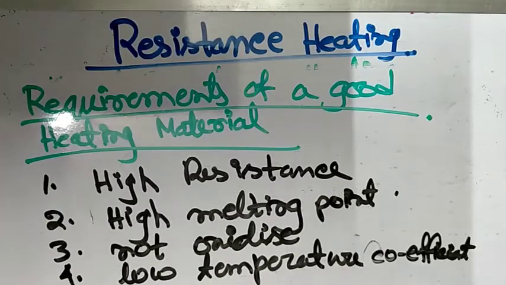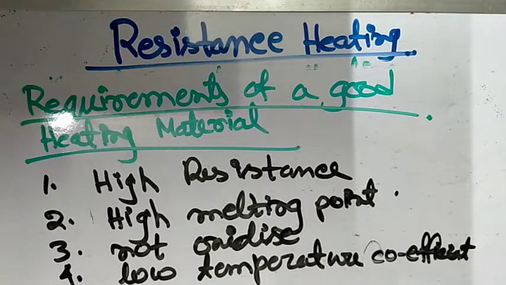Now nickel copper alloy is frequently used for heating elements operating at low temperatures. Its most important property is that it has virtually zero resistance temperature coefficient, and nickel chromium iron alloy is cheapest and most economical for temperatures up to 950 degrees centigrade.